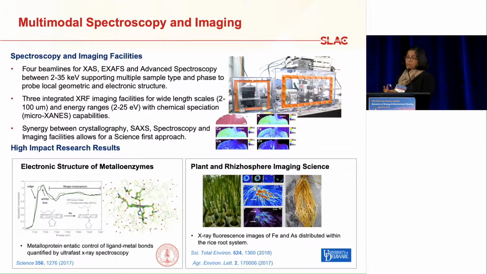So we can do large format brain imaging, also do very small 2 micron imaging on biological systems. Of relevance to this audience is our plant and rhizosphere imaging project, where we are looking at metal uptake by roots and seeing its stress distribution and its effects on the environment and also the biochemistry of the plant.